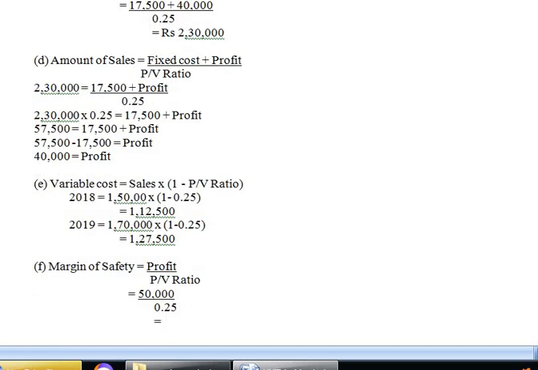So that is equal to margin of safety is 20,000. Sorry, it is 2 lakh. Margin of safety is 2 lakh.